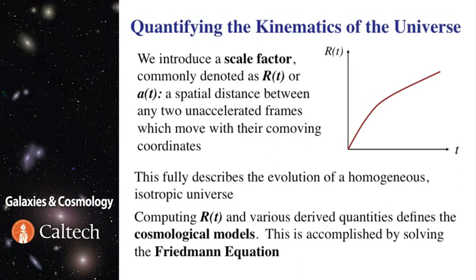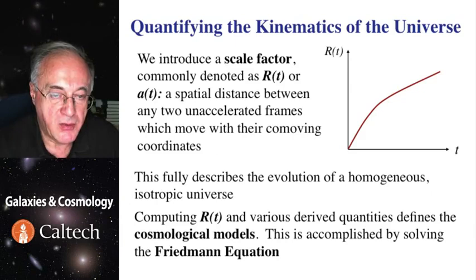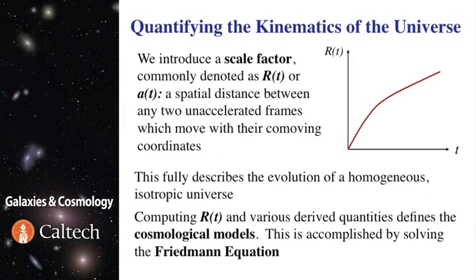And because the universe is homogeneous and isotropic, the exact same function will apply to all points in space and time. So if we knew what that function was, then we could tell exactly how the universe is going to evolve. Being able to do this is essentially what cosmological models are. And we do this by solving the Friedmann equation, which is what Einstein equations reduce to after assuming homogeneity and isotropy.